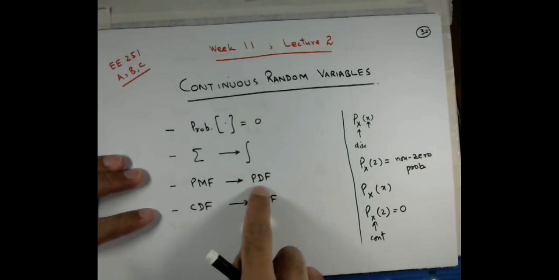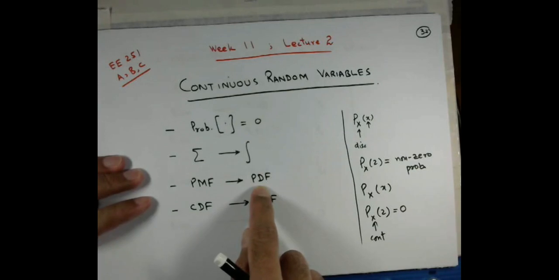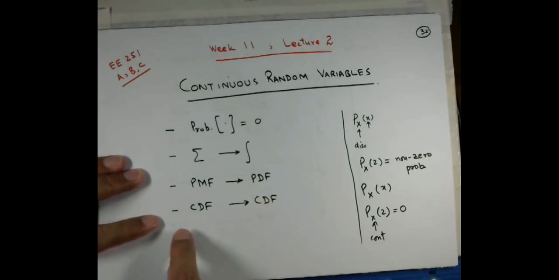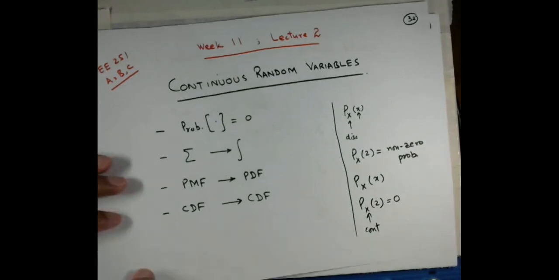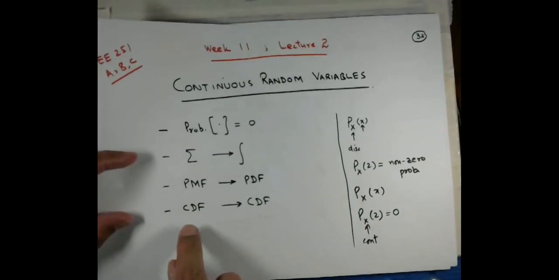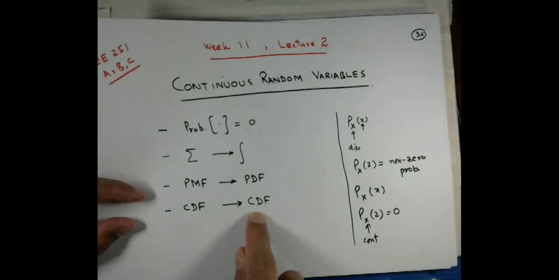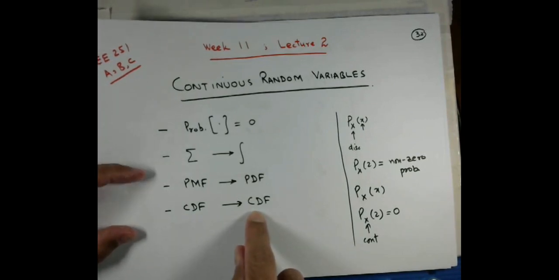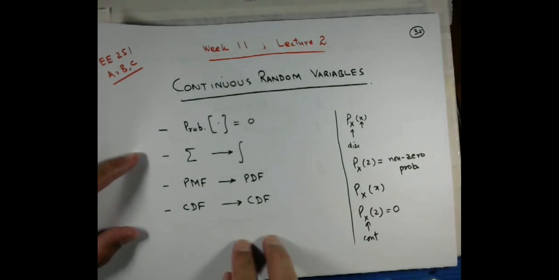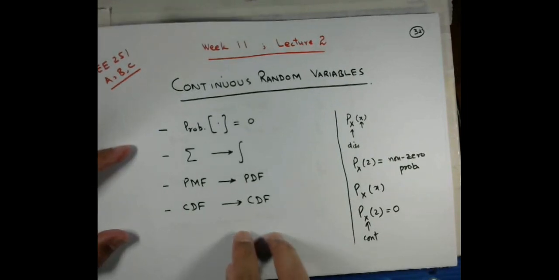So the mass in the discrete case has its counterpart in the continuous case, the density, which is a continuous phenomenon. But how we can write it and how we can find this density, I'll discuss in the next lectures. The CDF concept stays the same, except that the plot of the CDF of a discrete random variable is a staircase one, and the plot of the CDF of a continuous random variable is a continuously rising function until it reaches the value 1.